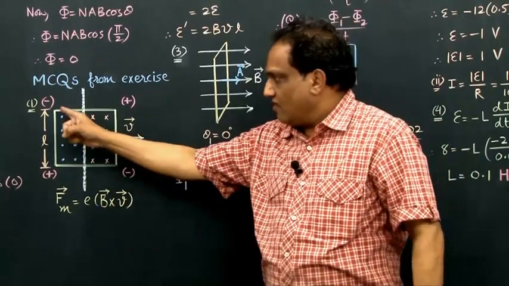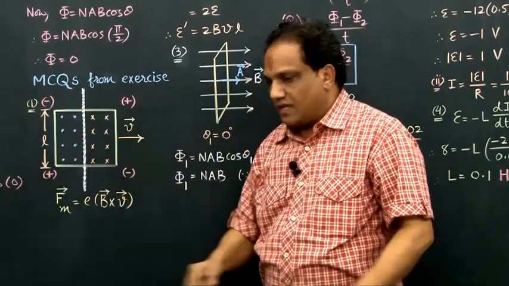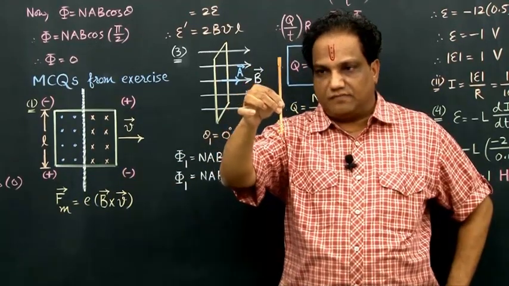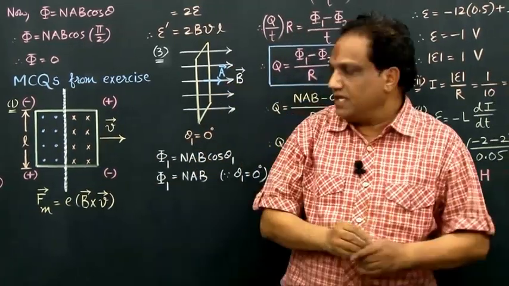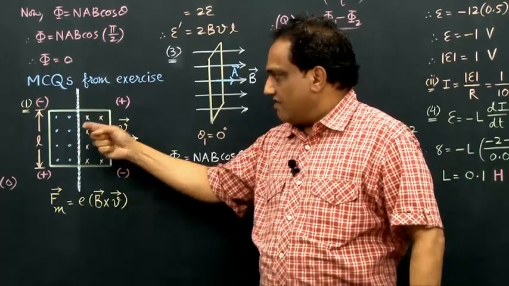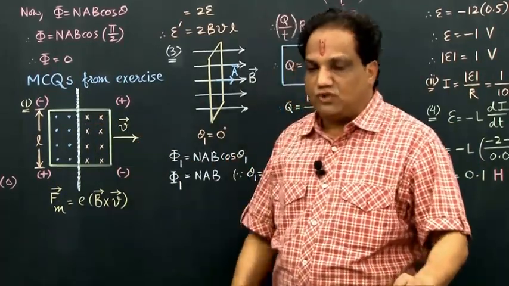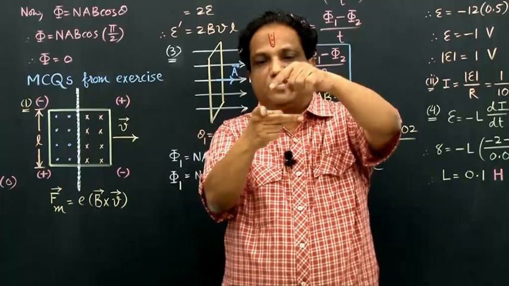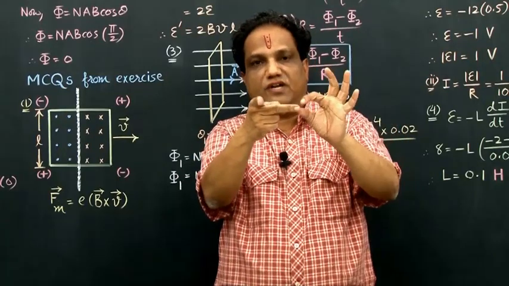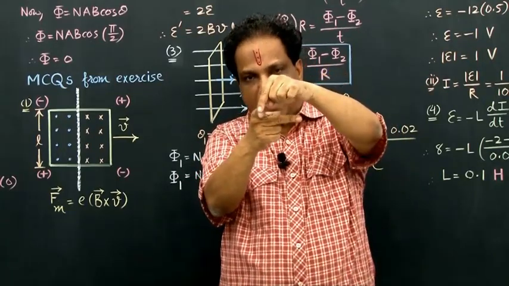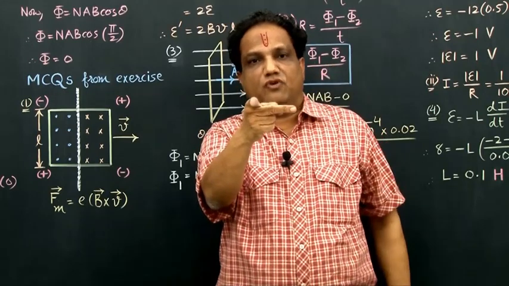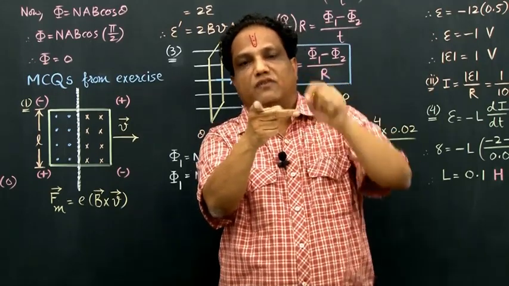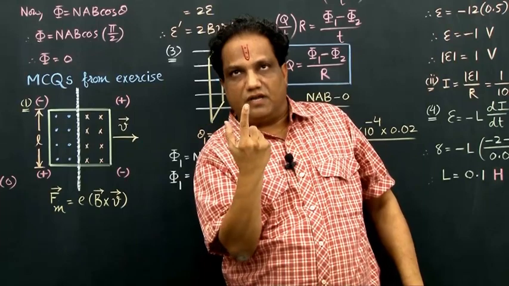Now tell me, for this side, because it is moving this way, the velocity is towards the right-hand side and the magnetic field is perpendicularly outward. So the situation is like this. This is vector B, this is vector V. You want the direction of vector B cross vector V, it will be vertically upwards.